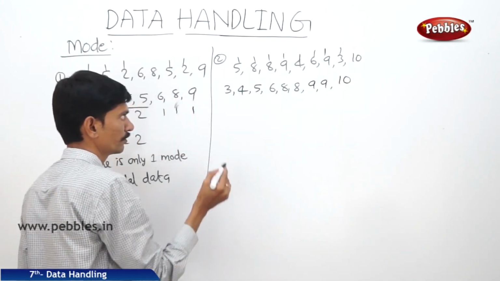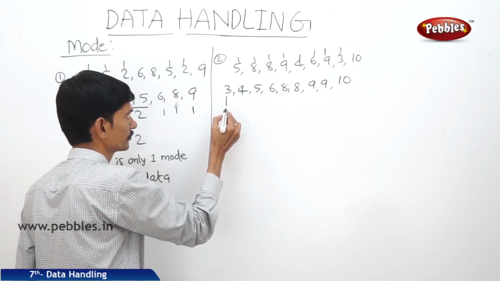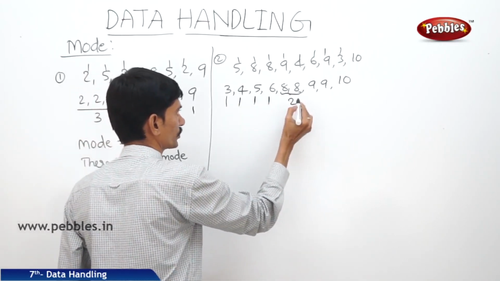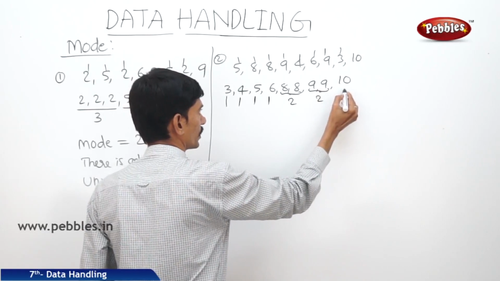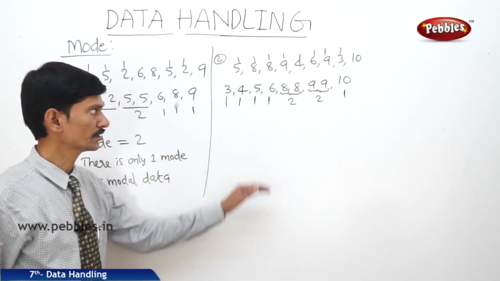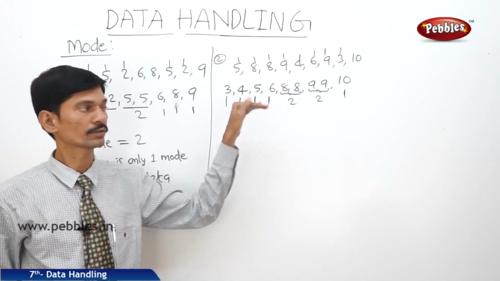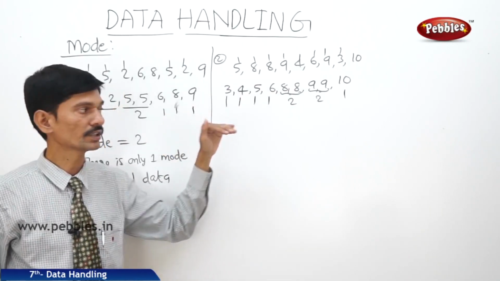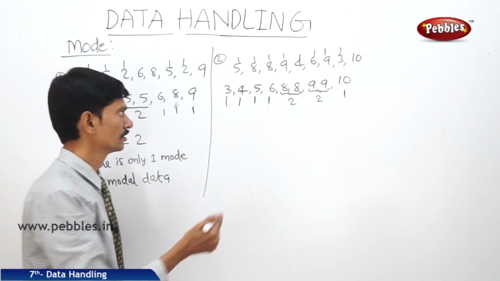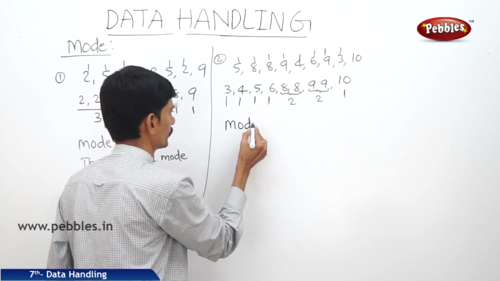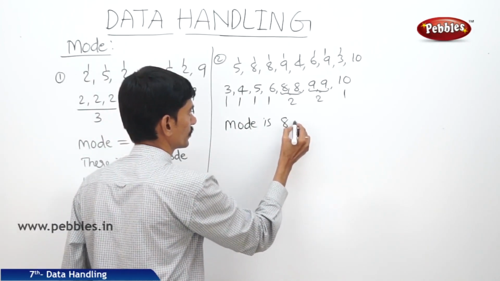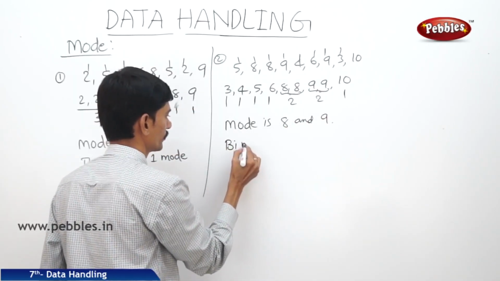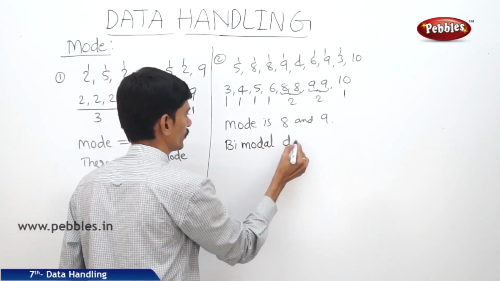Now, 3 is occurring only one time, 4 also one time, 5 one time, 6 one time, but 8 two times, 9 also two times, and 10 only one time. So 2 observations are occurring the same number of times. So the given data has 2 modes, 8 and 9. So this data is called bimodal data.